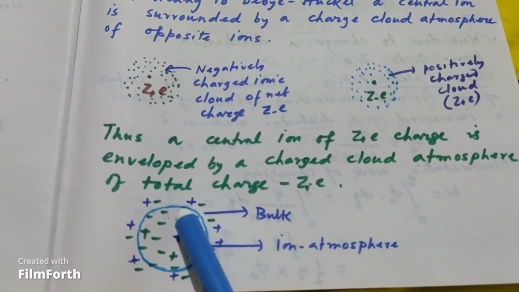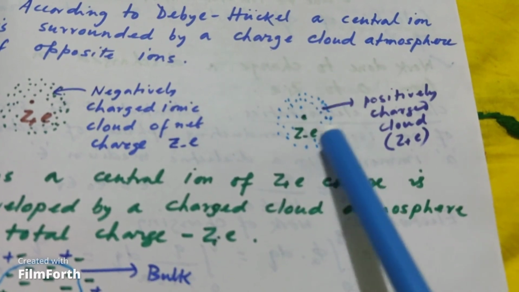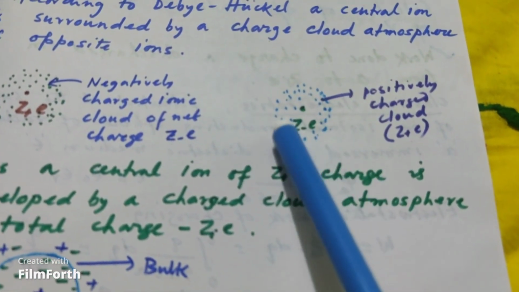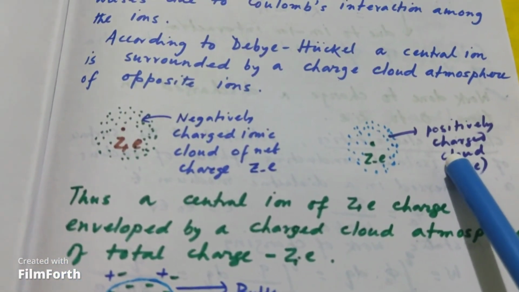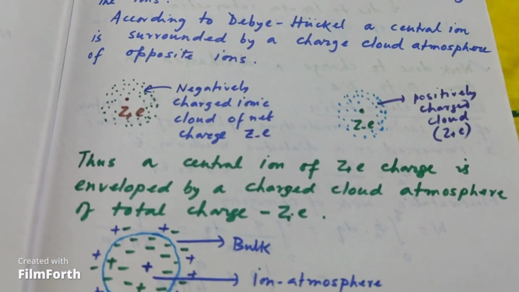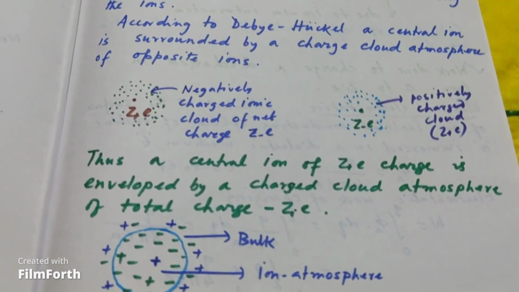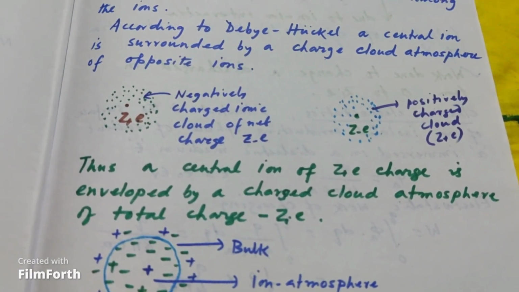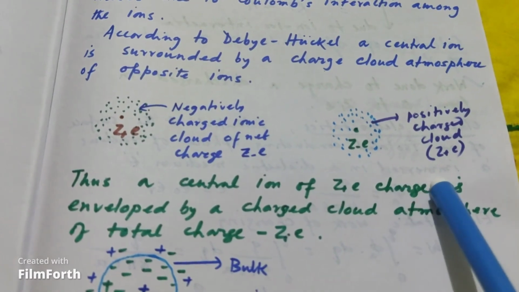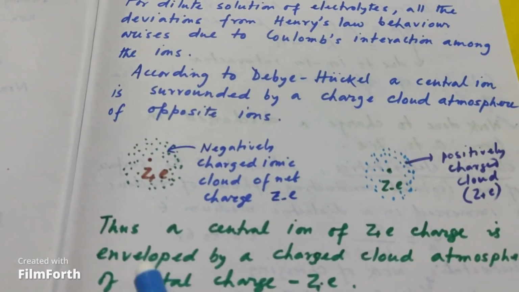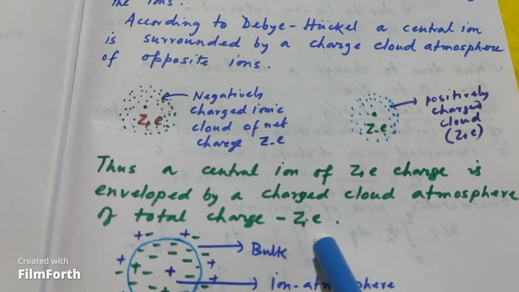ions. Similarly, if we have a central negative ion, then a positively charged cloud surrounds it with net positive charge Z plus e. Thus, a central ion of Zi charge, this means plus charge, is enveloped or surrounded by a charge cloud atmosphere of total charge minus Zi.